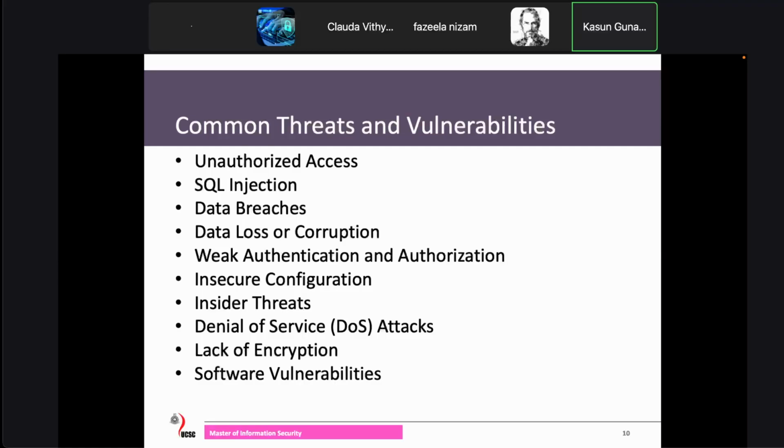And then weak authentication, authorization and insecure configuration, which means improper configuration of database servers and the utility services, applications, or maybe network infrastructure. So all these things may expose databases to various vulnerabilities.